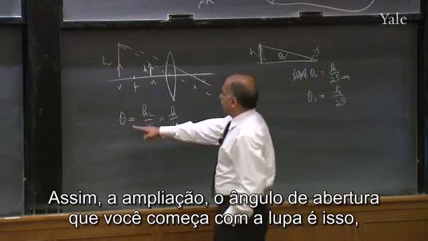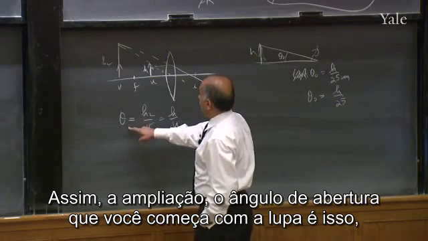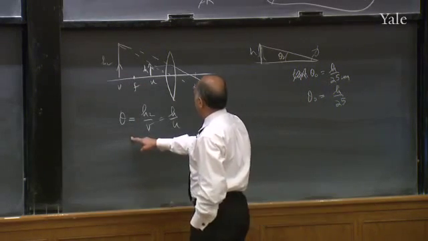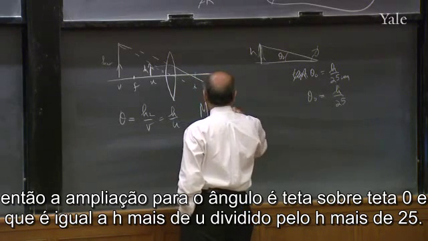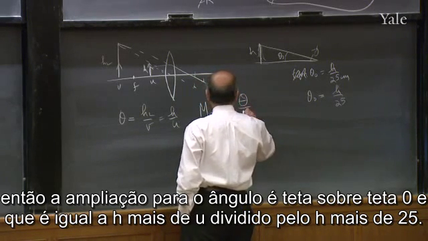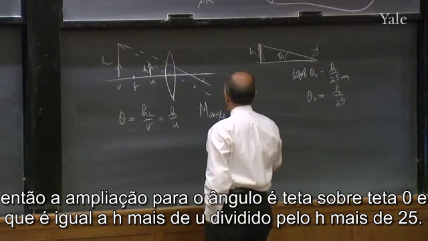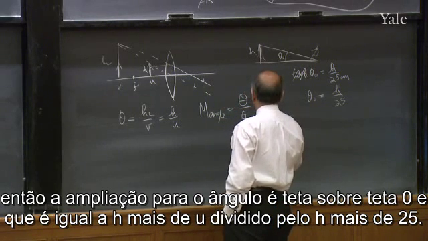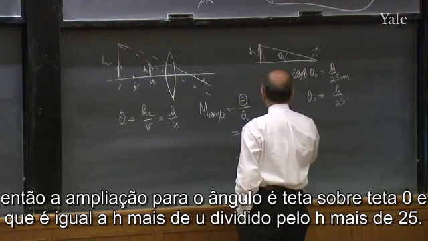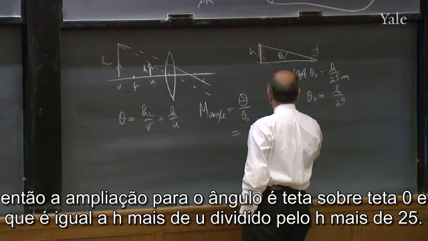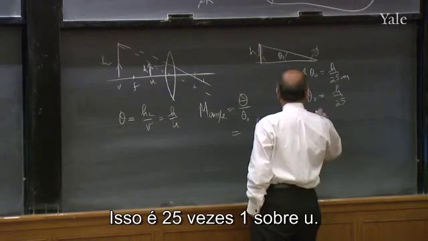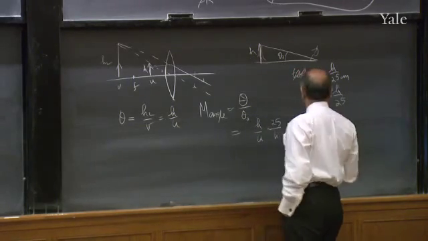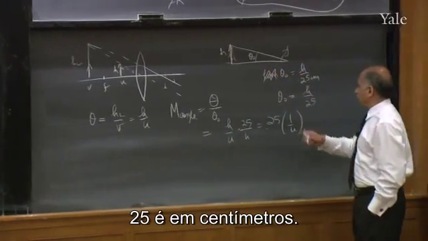So the magnification you get, the angular opening you get with the magnifier is this. The magnification for angle is theta over theta naught, and that's equal to h over u divided by h over 25. That's 25 times 1 over u. 25 is in centimeters.